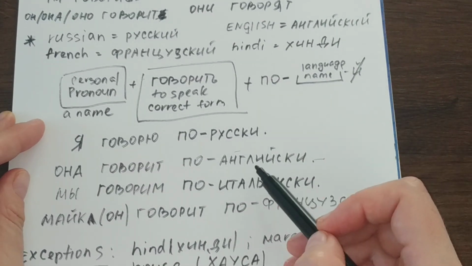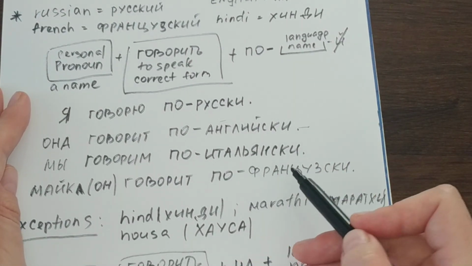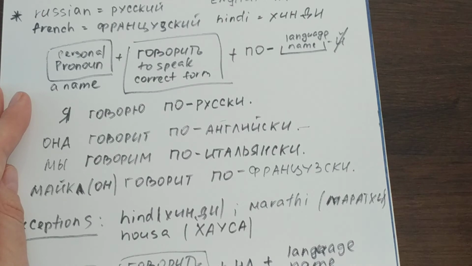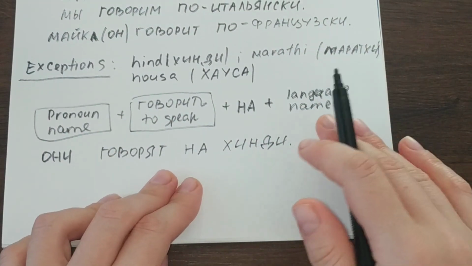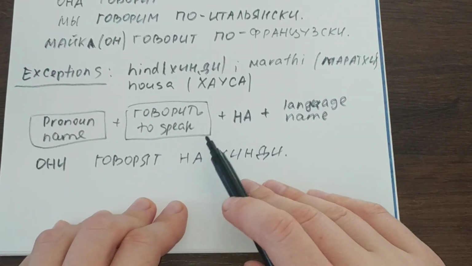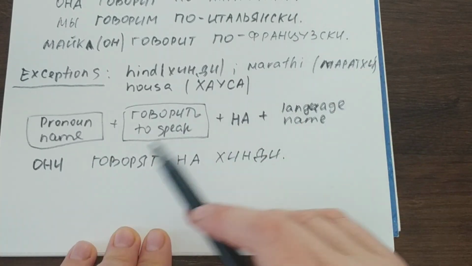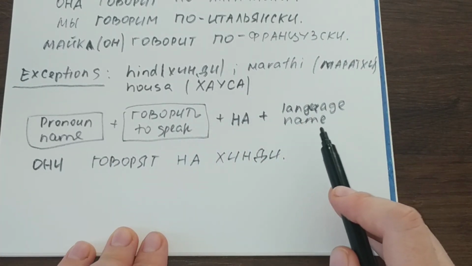Like, for example, английский came from Anglia, England, English. Итальянски came from Italia. But here we have a separate name for the language. So in this case, the sentence like I speak Hindi will be built in Russian following this pattern.